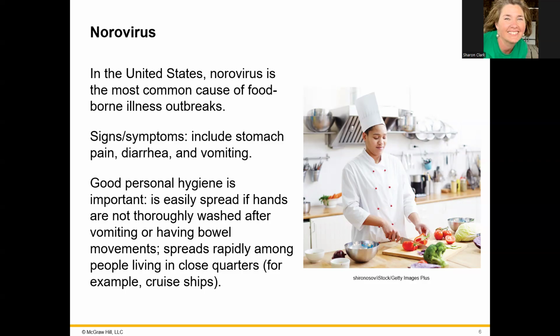You hear oftentimes in the summer of cruise ships getting the norovirus or the rotavirus because it is highly contagious and it is spread through poor personal hygiene. Okay, not washing your hands and spreading it among people living in close quarters, like dorm rooms, apartment complexes, restaurants, cruise ships, those kind of things.